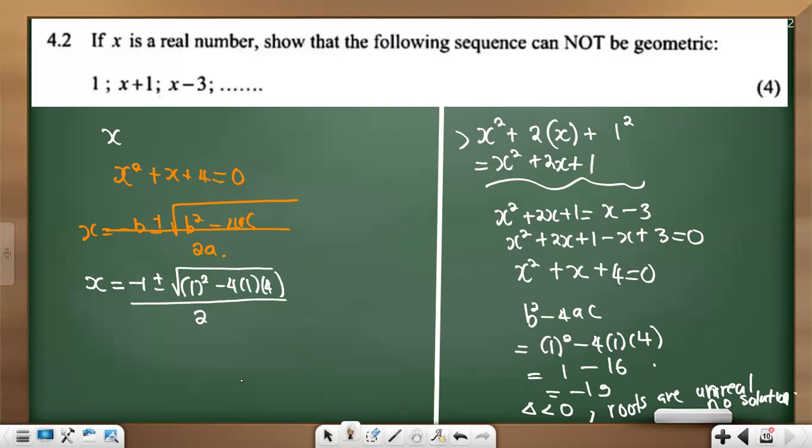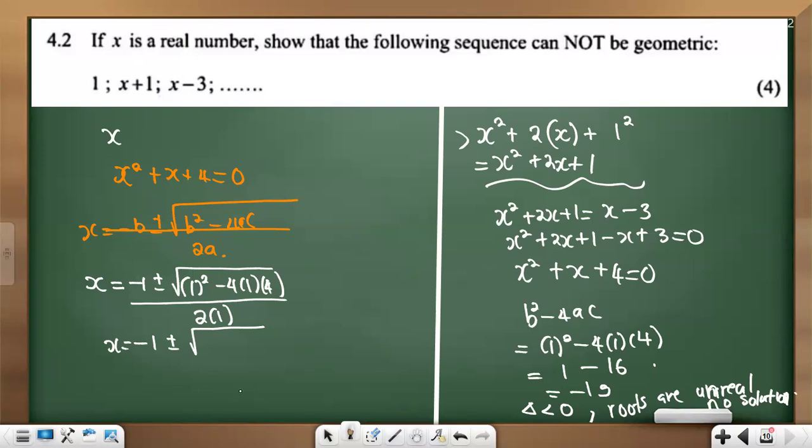So that would be 1 minus 16, that will be minus 15. You can see there's no solution. And that will actually be the square root of minus 15 over 2. So there is no real solution.